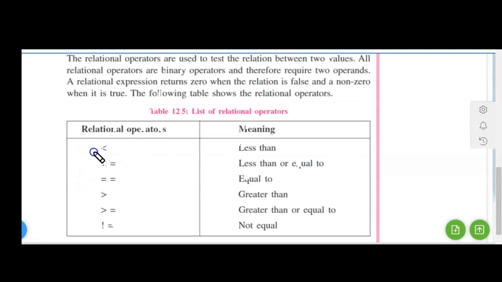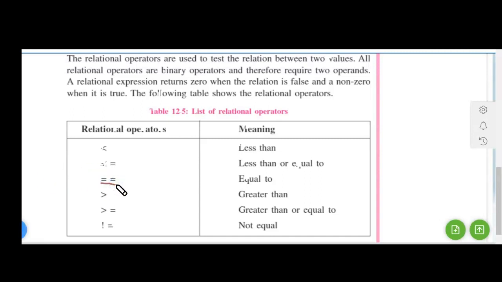Okay. So the next type of operator is relational operator, and these are the examples and the types of relational operators. This is less than, greater than, greater than or equal to, less than or equal to, and not equal to. As I told you, equal to is not a simple equal to. When you use double equal to, it makes an equality check in C++: A equal to B or not.